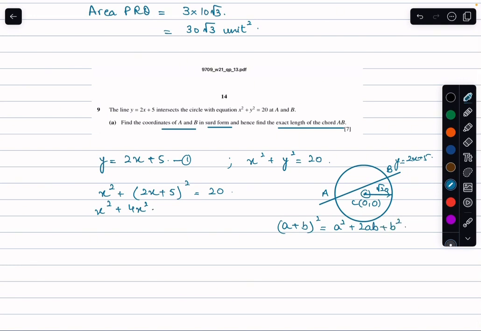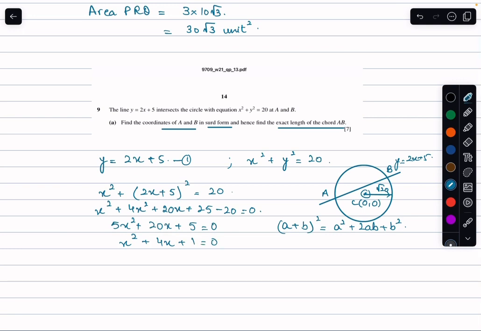So it's 4x square plus 20x plus 25, and then minus 20 equals 0. This becomes 5x square plus 20x plus 5 equals 0. Taking 5 common, I'll be left with x squared plus 4x plus 1 equals 0.